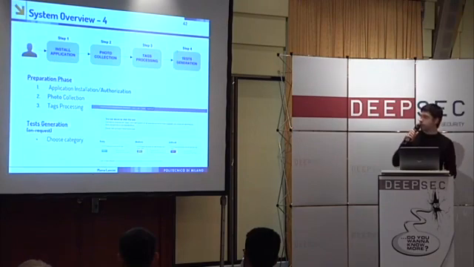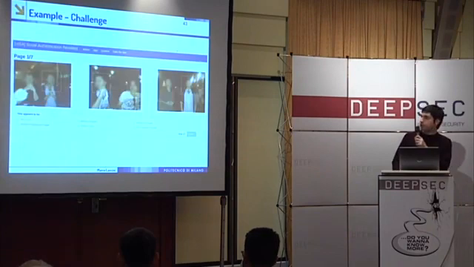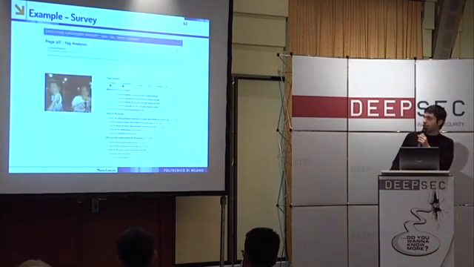Then photos of each category are selected to create challenges of increasing difficulty and to measure the user's ability to solve them. As you can see, even graphically, this resembles the mechanism proposed by Facebook. In addition, after each page, we provide feedback to our users, and we ask them to take a simple questionnaire.